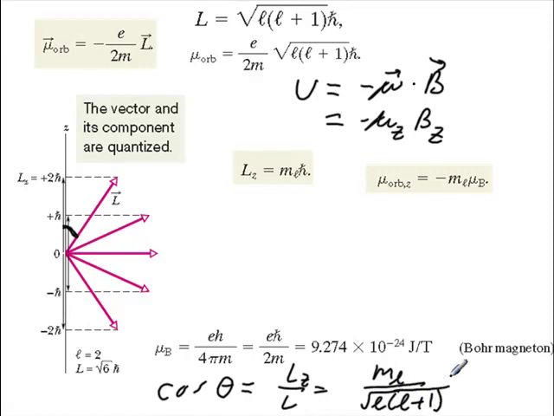Now, technically, we cannot measure the exact direction of this vector. We only know it's on a cone swept out around the z-axis. And for that reason, because we can't really exactly measure this angle, it's known as a semi-classical angle. But it still can be useful.